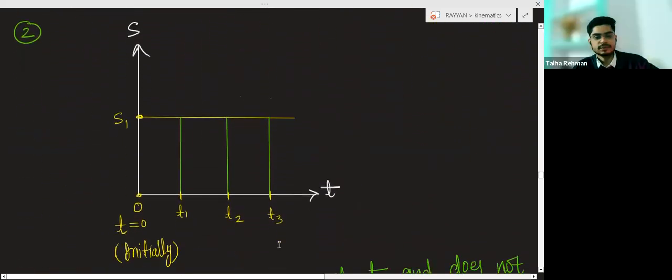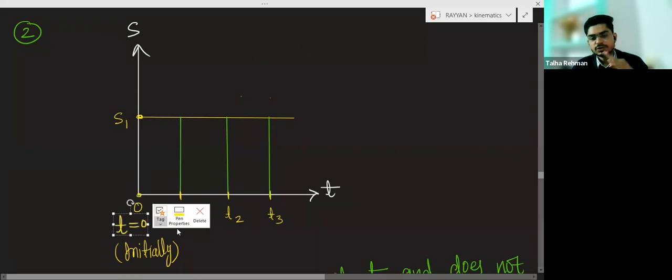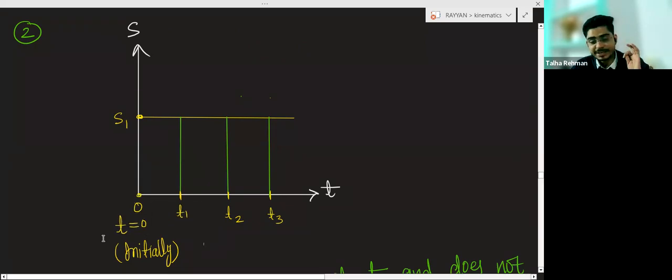this is again the displacement time graph. S is the displacement, T is the time. Now this is the graph. Here t is equal to 0, means this is the initial condition from where the body is starting.